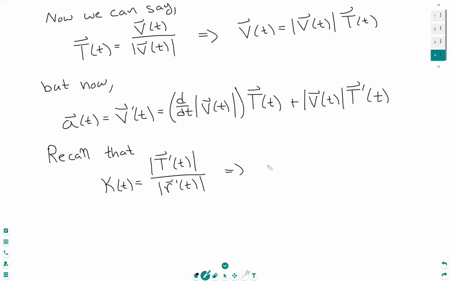So we can rewrite this as the magnitude of the derivative of our unit tangent is our curvature times our speed.